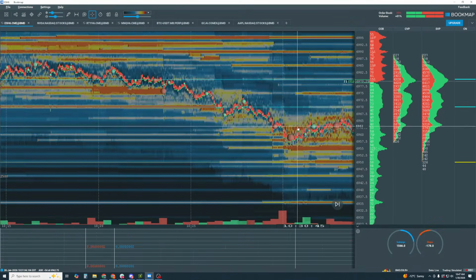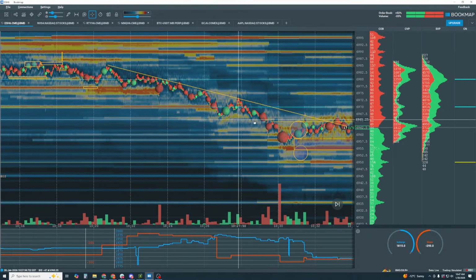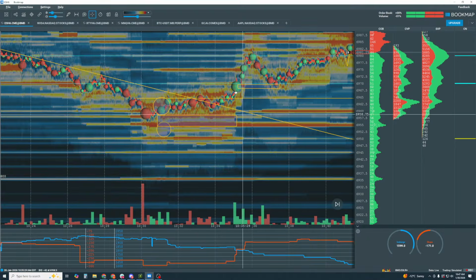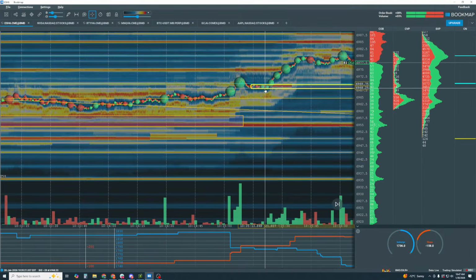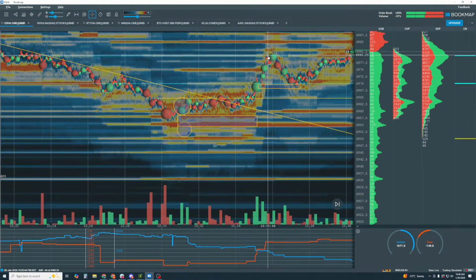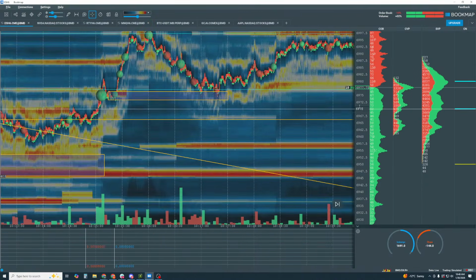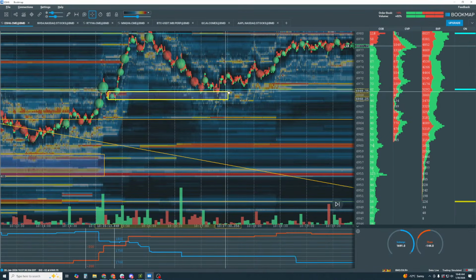We're looking for this potential setup in here, and I missed it on the entry. I would have gotten this little flag in here, but I would have gotten out pretty quickly too, and then I would have missed this as well. I just didn't see the liquidity supporting it in here. I'm not going to get in. I'm not going to put the risk on.